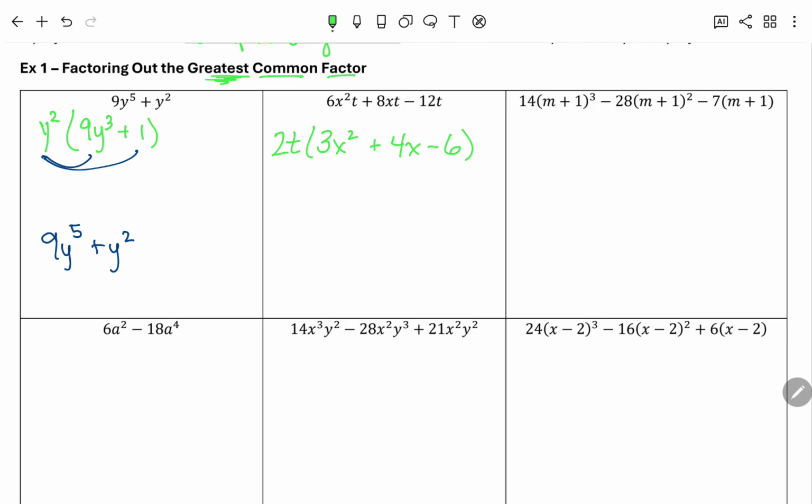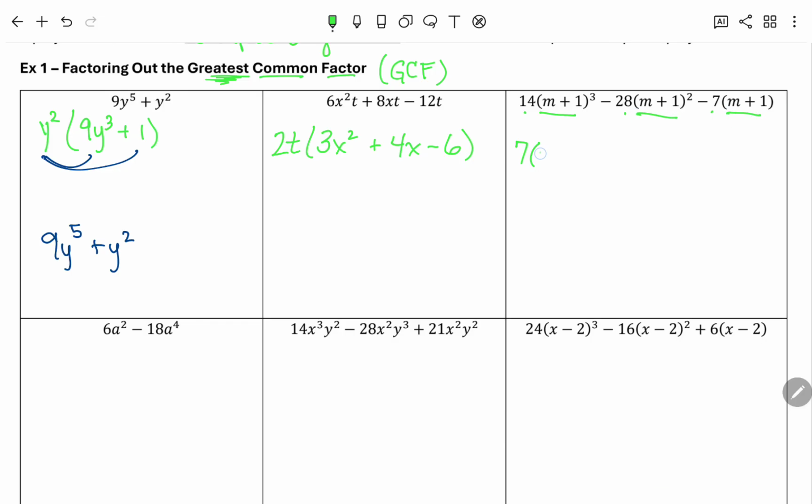And lastly, it looks a little complicated, but we're going to simplify it real quickly. What I want you to notice is that between the 14, 28, and 7, there's a GCF of 7. GCF is a short way for greatest common factor. And also, look what's in all 3 terms: the quantity m plus 1. There's 3 of them in the first term, 2 of them in the second term, and 1 of them in the third term.